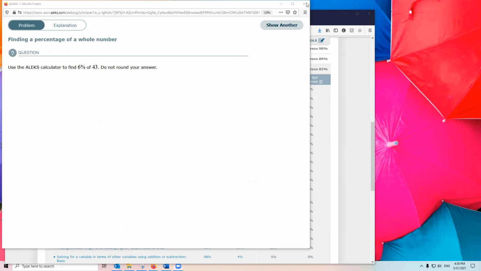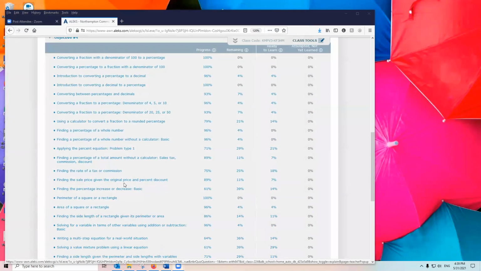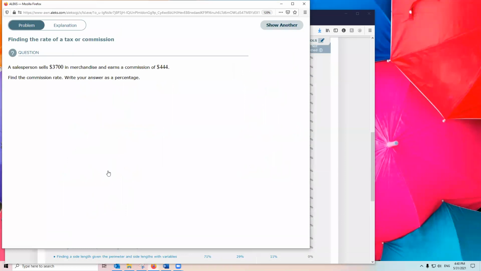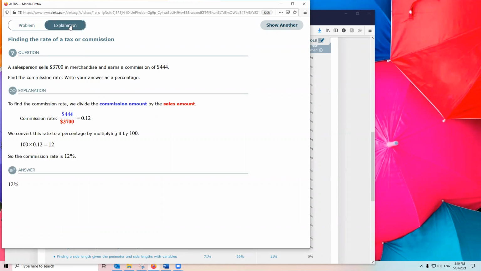All right. Now if we come here, it says find the rate of a tax or commission. Okay. Folks, by the way, remember you have this explanation to help out. All right. So this is asking you to find a salesperson sells 3,700, earns a commission of 444.